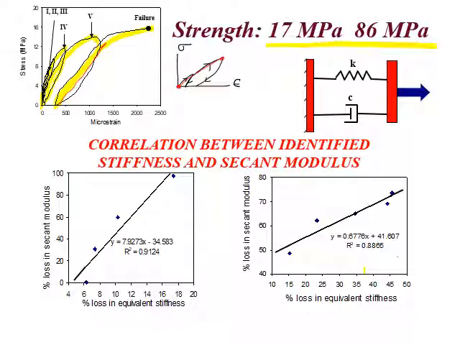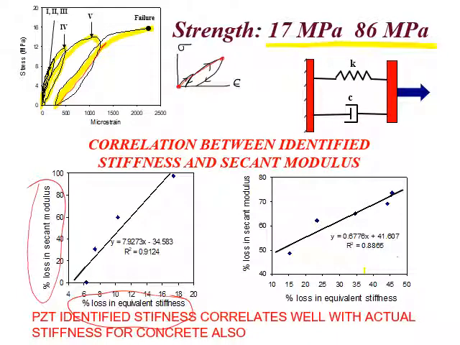Simultaneously we found the stiffness identified by the PZT patch. So this is the loss in the secant modulus, and this is the loss in the equivalent stiffness, and we found that the two are in a straight line. They have good correlation with each other. So the PZT identified stiffness correlates well with the actual stiffness of the concrete cube.